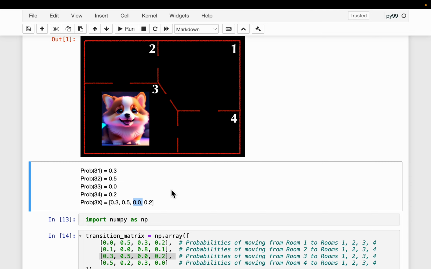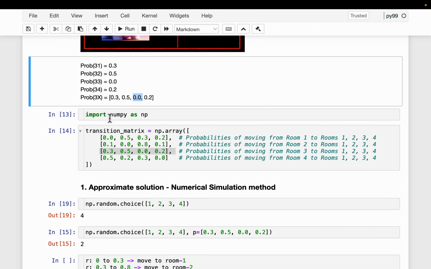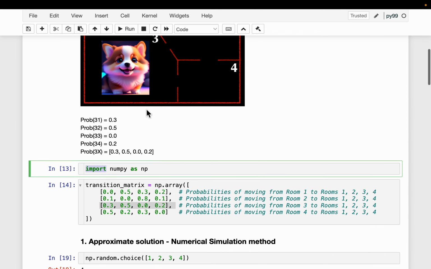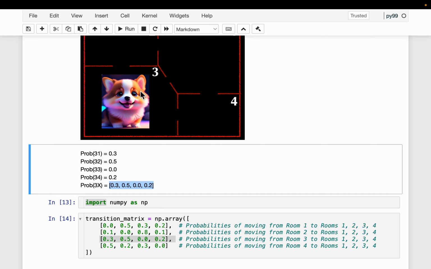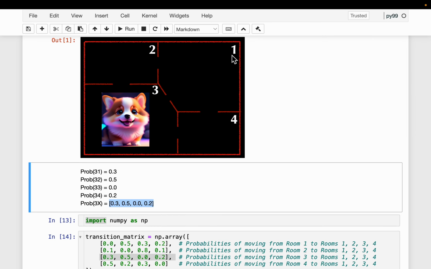All right. We are going to solve this problem using 2 techniques. All right. The NumPy, and similar to how we define the probabilities from room 3, we define the probabilities from room 1. So when the pet is in room 1, what are the probabilities of moving it to room 2, 3 and 4, right?